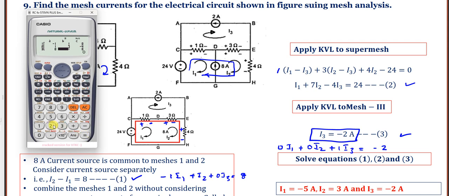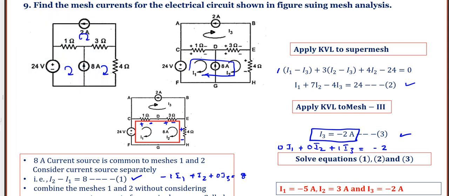Third equation 0, 0, 1, minus 2. If you enter these three sets of data in a matrix, automatically it will give X, Y, Z, which are the same as unknown variables I1, I2, I3. So the expected answer: I1 should be minus 5 amps, I2 is 3 amps, I3 is minus 2 amps. Okay.